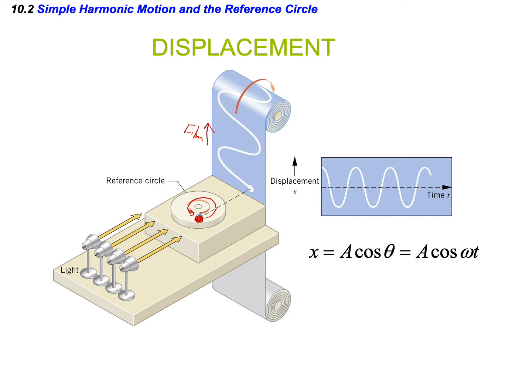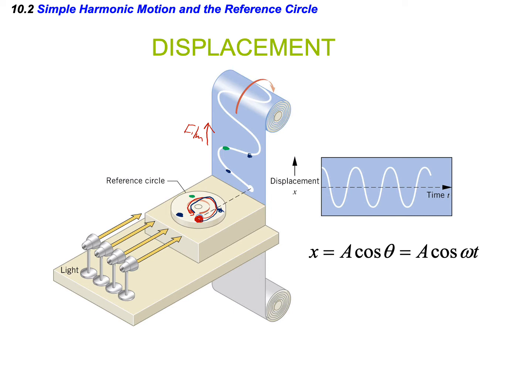Let me use a different color. Depending on the location of this sphere, you see a corresponding place on the film. If the ball is here, you see a spot here. If it is here, you see a spot here.